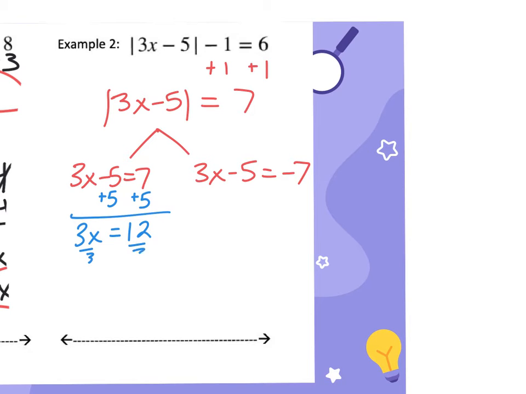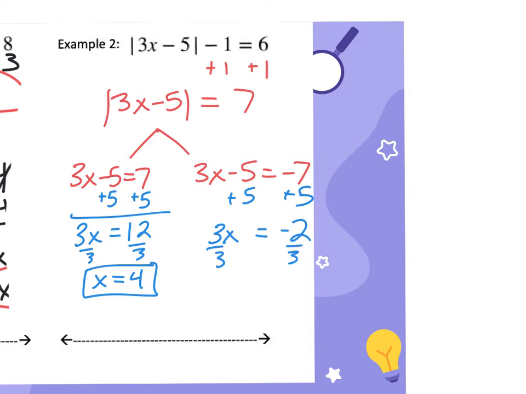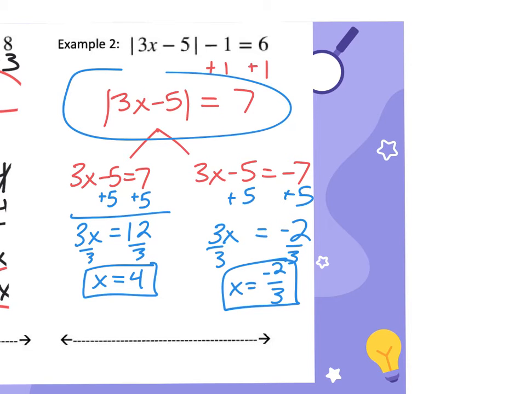And then divide by 3, x equals 4. Got answer 1. Go ahead and solve for answer 2. Okay, now go ahead and plug both of these in and see if they both work. We're plugging them into the original. And if you check them, they both check out. So again, use a calculator on that. Makes it a whole lot easier. And those are my circles. Good deal.